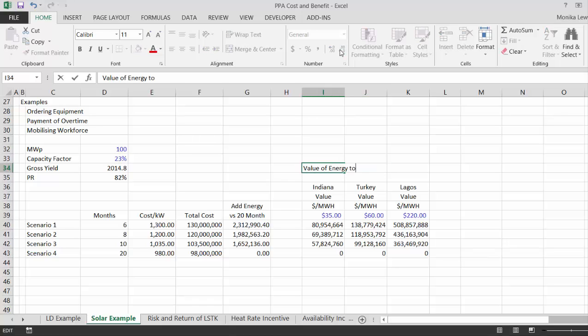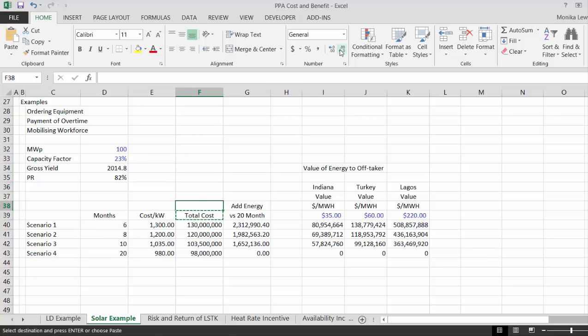This is to the off-taker, and this is the cost to the IPP. I'm sorry, this is the total cost to the IPP, and they all come up with these numbers.